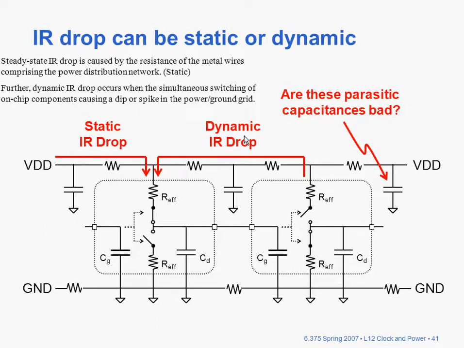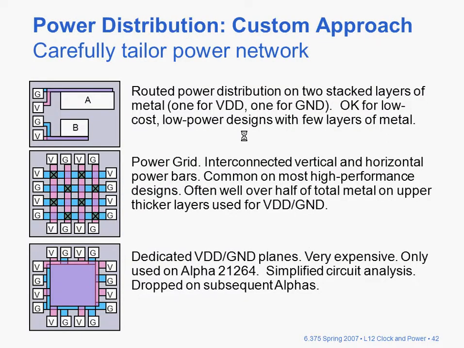And one of the things to note is that in this particular case, lots of capacitance associated with the power supply is probably quite a good thing. Here's a power distribution, a couple of approaches. One's a custom approach up here, or actually I guess they're all custom approaches. And here you're just routing power and ground on two different stacked layers of metal, one for VDD, one for ground, and that might be okay for low power designs with just a few levels of metal.